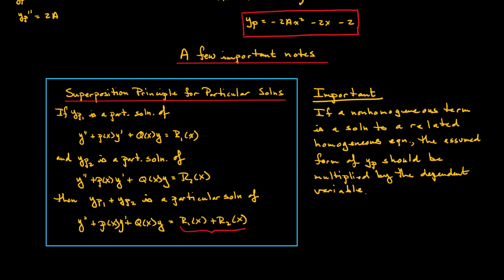Okay? So what this says is that if yp1 is a particular solution of this non-homogeneous differential equation, and yp2 is a particular solution of this non-homogeneous equation, so where the right-hand sides are different, r1 and r2, then yp1 plus yp2, so the summation of the two, is a particular solution of this final ODE over here, where the right-hand side non-homogeneous term is the sum of these two non-homogeneous terms.